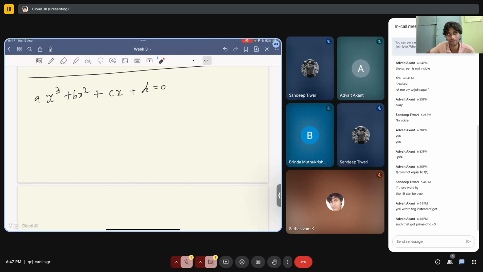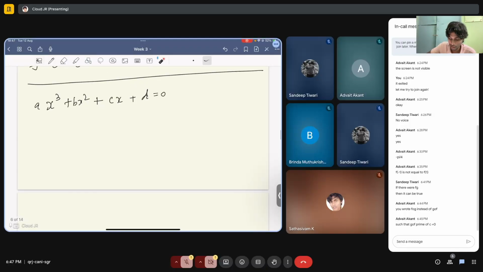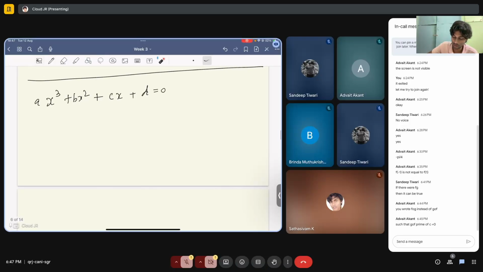That's the fundamental theorem of algebra, which says that if you have an nth degree polynomial, then you have at most n complex roots, right? So what we proved last time using the intermediate value theorem is that if you have a polynomial of this form, then it definitely has one real root, right?